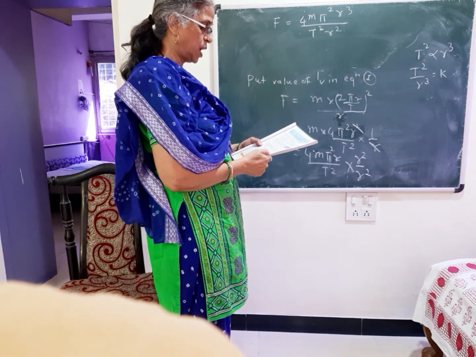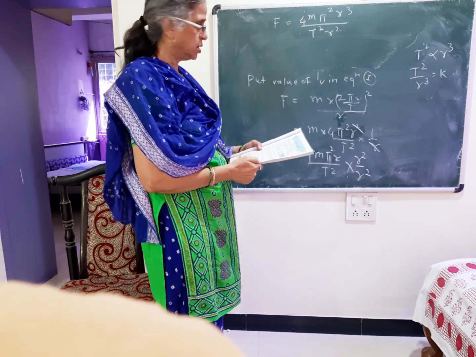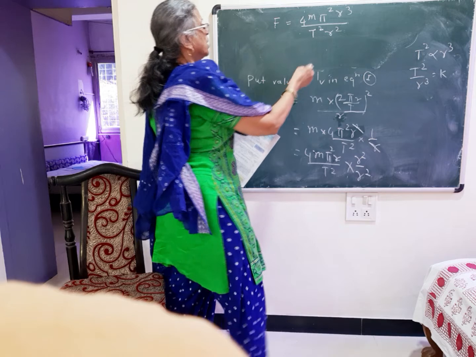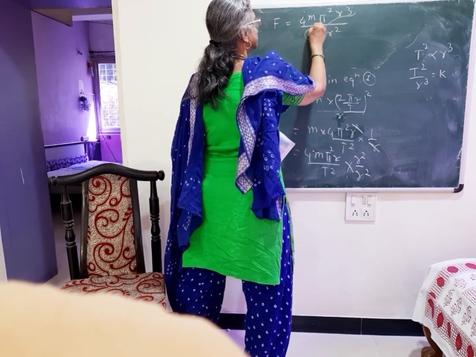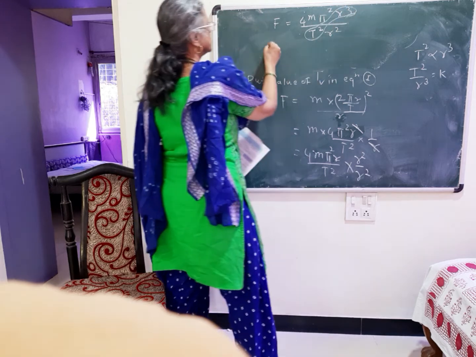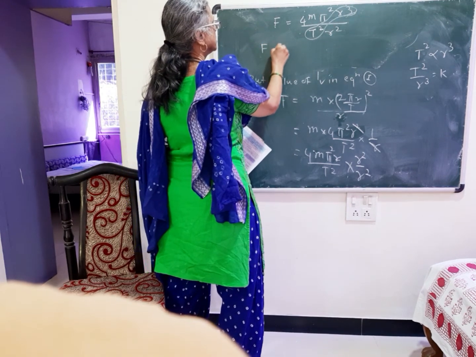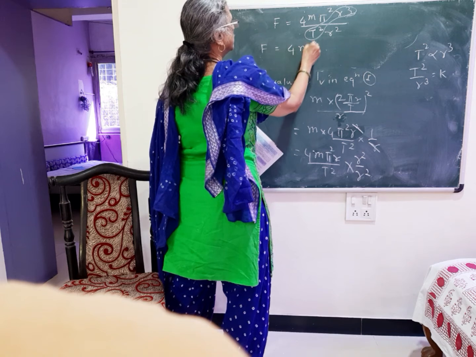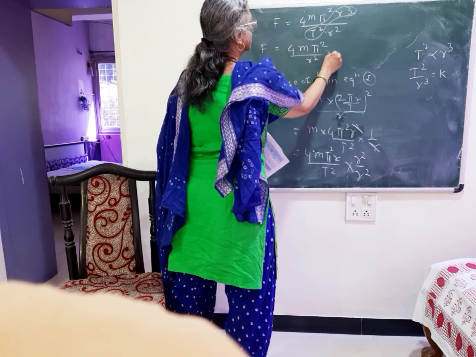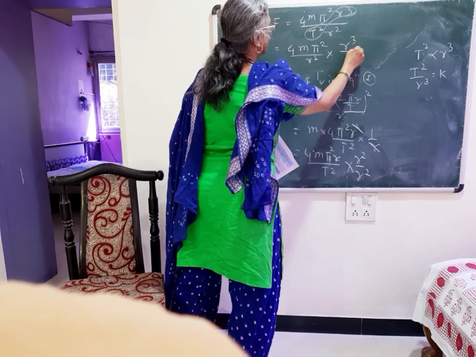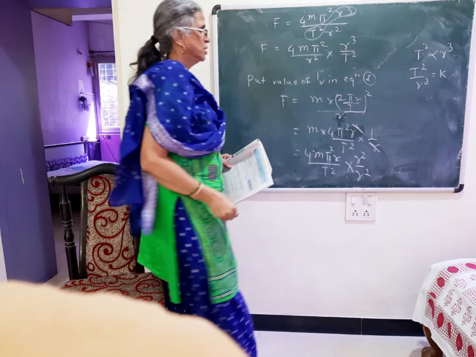Now from this we are going to separate R cube upon T square. Why? Because this is the term or ratio we are getting in Kepler's law, R cube upon T square. That's why I have separated.